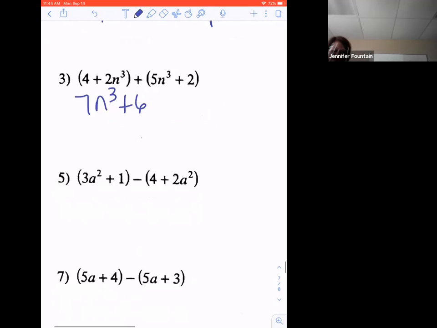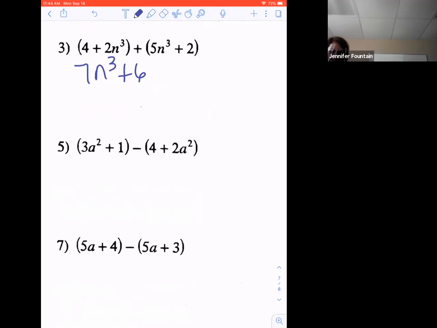Look at number 5. 3a squared plus 1 minus the quantity 4 plus 2a squared. When I'm doing this, remember, it's going to be easier if I go ahead and add. So what I want to do is underneath it, I'm going to write 3a squared plus 1. I'm going to change from subtraction to addition, but now I need to take the opposite of everything else in parentheses afterward.